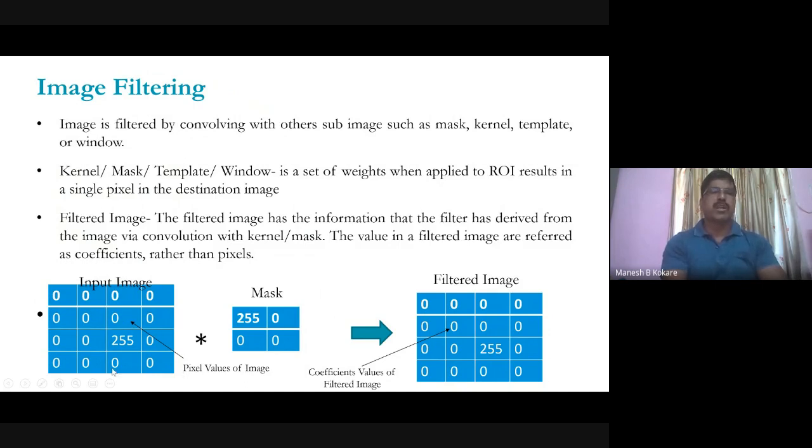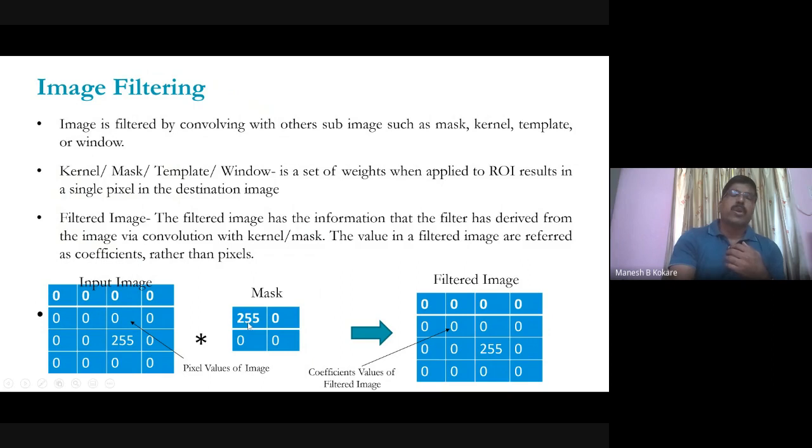These are the weights of the mask. This mask is called the filter, or sub image. Sometimes it is called the window, sometimes the kernel function or template, and so on. There are several terms people generally use alternatively for this.